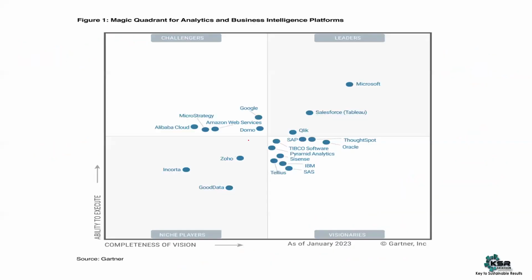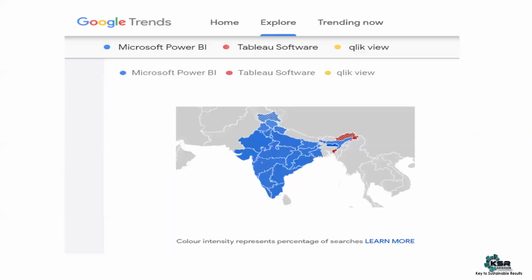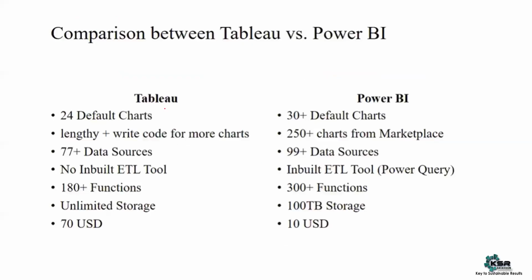Now, if you compare Tableau and Power BI, Power BI has around 36 to 40 default charts available. Default chart means if you download Power BI Desktop and open it, you directly get 36 to 40 different charts. You need not download any chart from an external source.